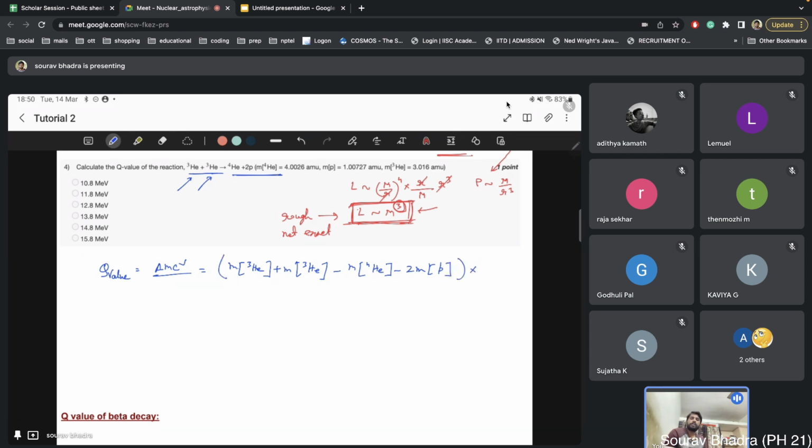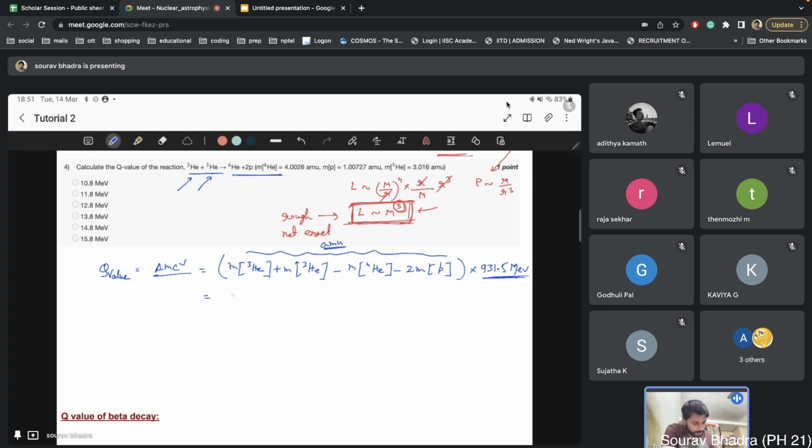Now we will do it in MeV units. So all the values of mass we will put in AMU, and 1 AMU will give you 931.5 MeV of energy. This you know, I think, everyone. So we don't go through the longer process of writing amu, then c square, then converting it to energy. I am just writing that 1 AMU will give you 931.5 MeV energy.